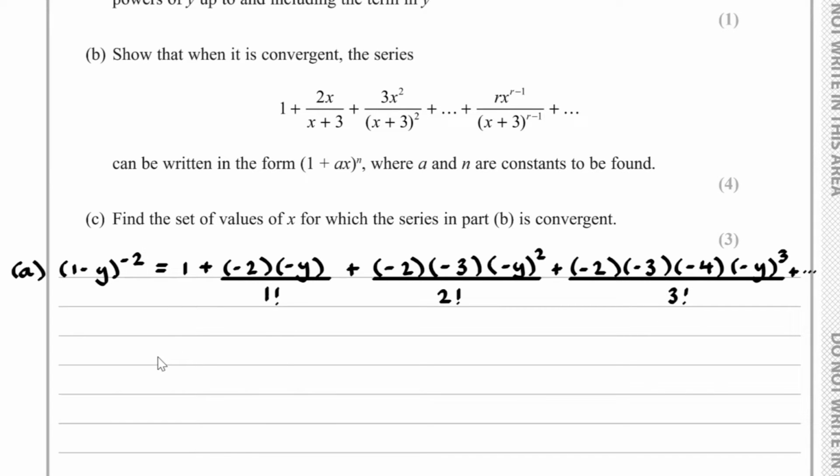And if we simplify all of this, we've got 1 plus 2y plus 3y squared plus 4y cubed, so on and so forth.